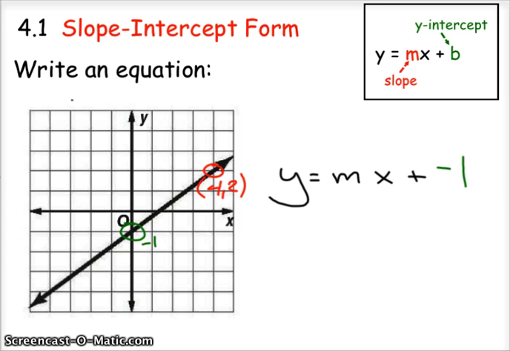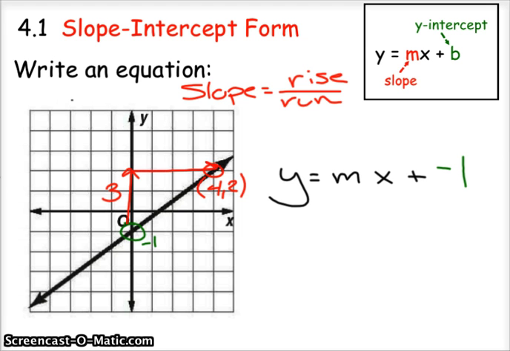Again, to find my slope, slope is my rise over my run. So I'm looking for how far I rise and how far I run, or move over to the right, from the point 0, -1 up to 4, 2. So I'm going up, in this case, 3, from -1 to 2.